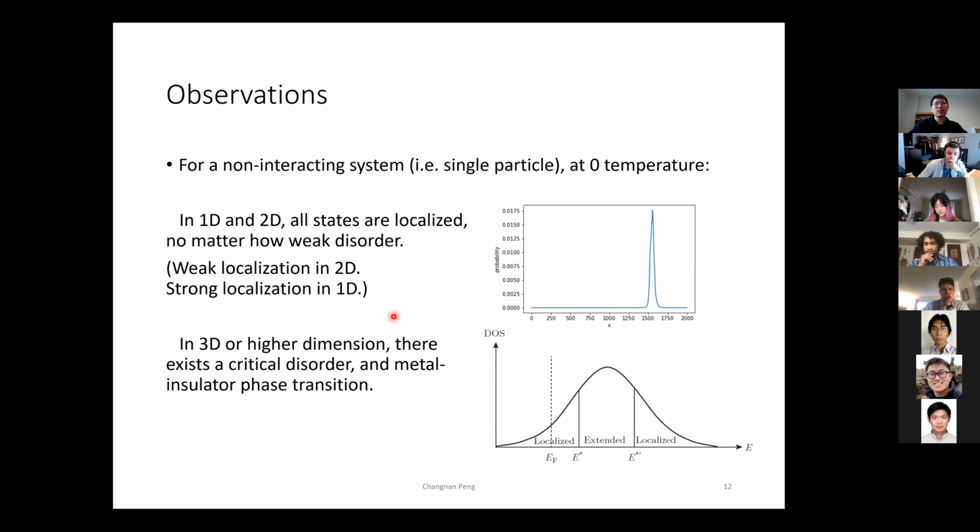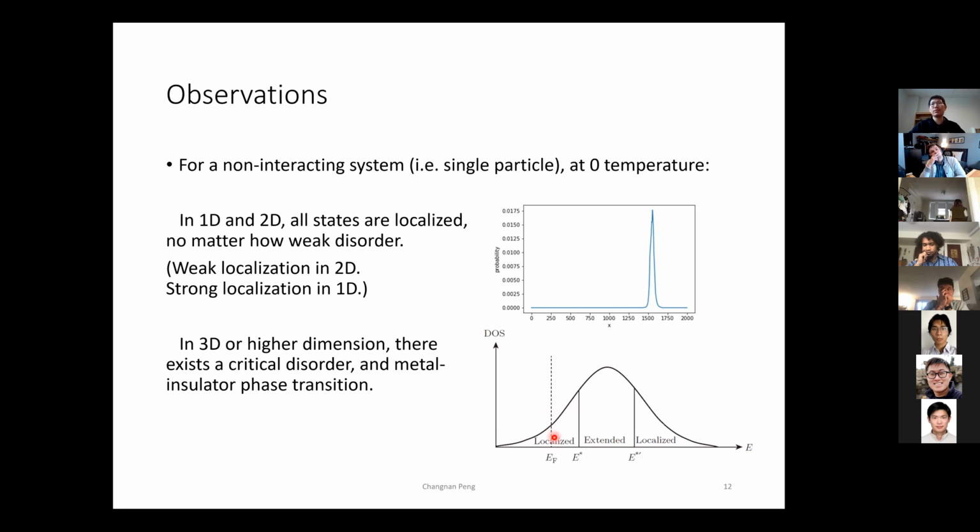Above it, the system is localized, and below that disorder, we can see something similar to this: there are still some extended states, and there is a metal-insulator transition. For example, if our Fermi level is in this localized range, then this is an insulator.